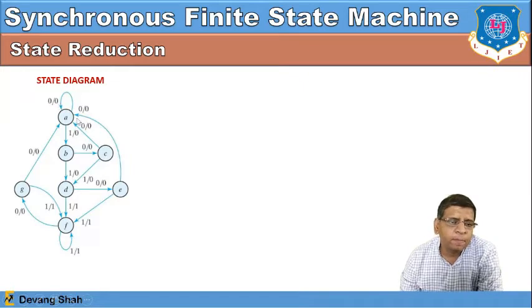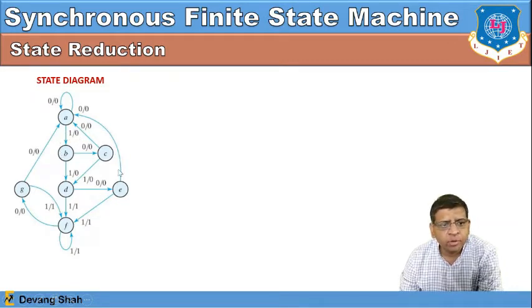That does mean if you want to remain in a state, you apply 0 input and you get output 0, right? But this is not the case when the state is going to change from A to B. You can see when you apply input 1 you will get output 0, right?